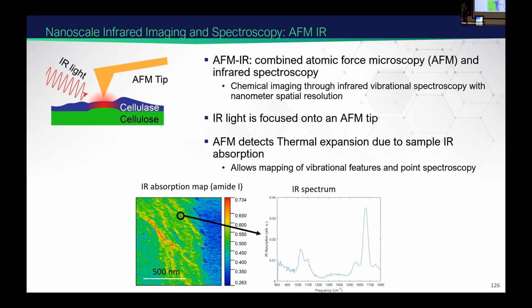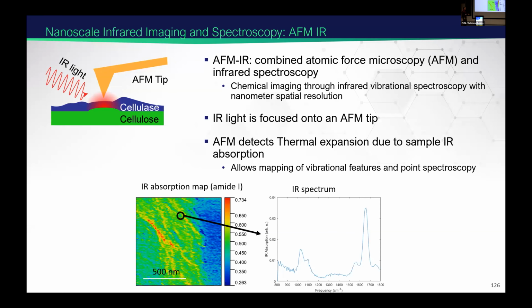This heats the sample and creates a small thermal expansion. This thermal expansion is detectable with our AFM and is specific to the material's chemical composition, allowing mapping of vibrational features. Here's a protein layer, and we're mapping the amide 1 response specific to protein with nanoscale spatial resolution.